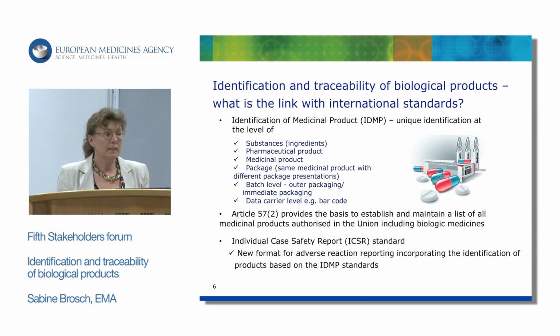And again, this is really key from the data collection perspective in order to identify products correctly and then to support subsequently safety monitoring, signal detection, and risk management in an efficient way.